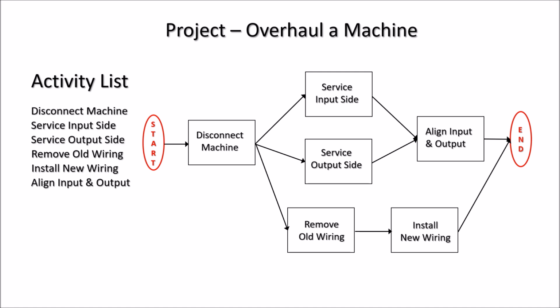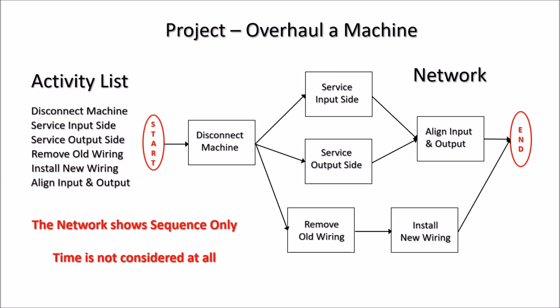What we have now is, starting with the activity list, we have sequenced those activities and created a network. Now notice, the network shows the sequence only. Time is not considered at all during these steps.